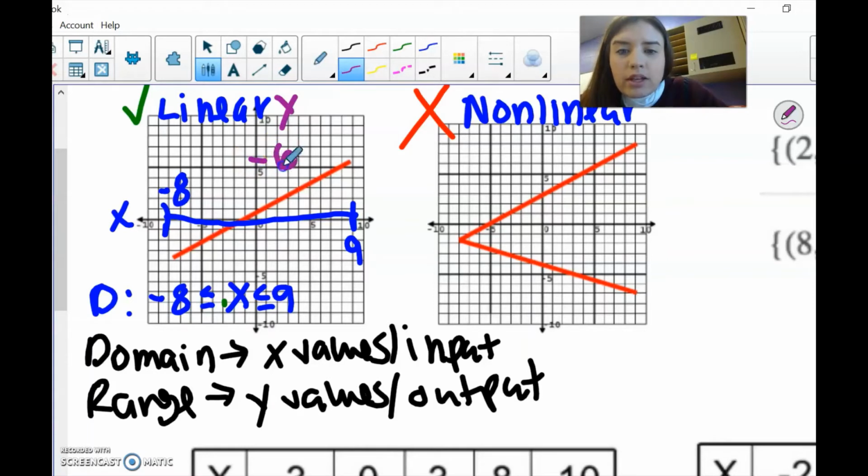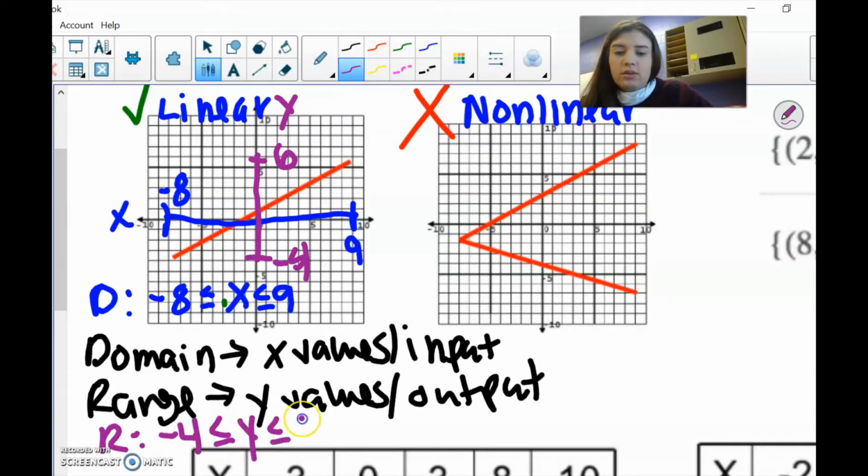I'm going to say right here at 6. And the lowest y value it is reached right here at -4. So our range, I'm going to put R here, is our smallest number, -4, less than or equal to y, less than or equal to 6.